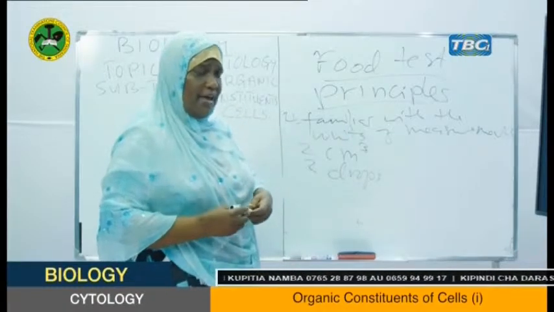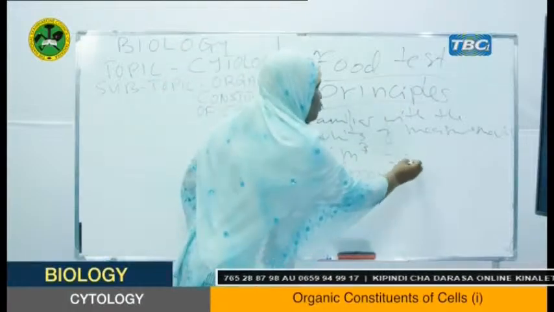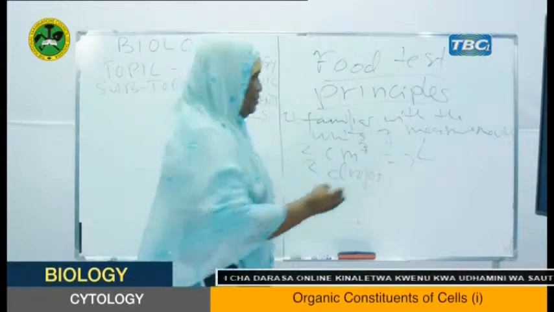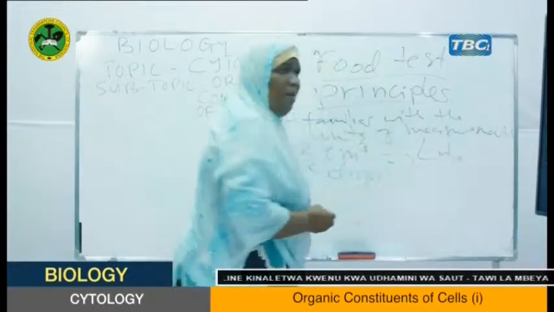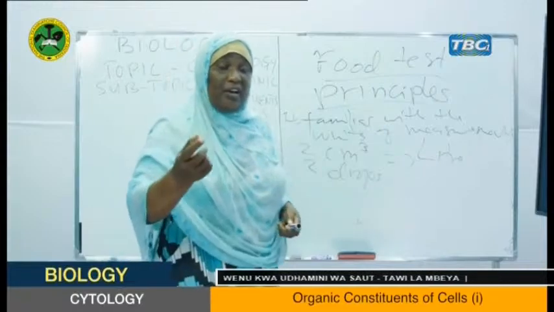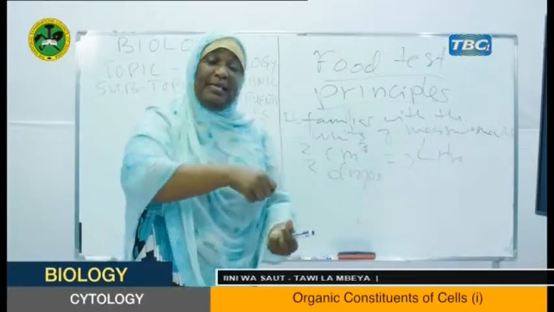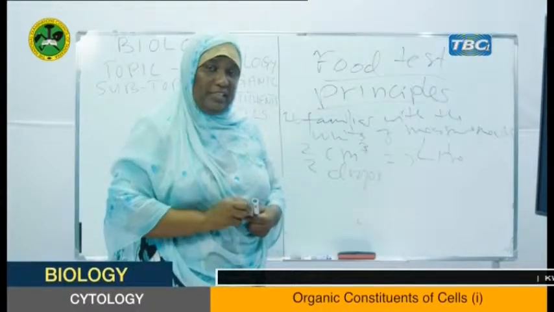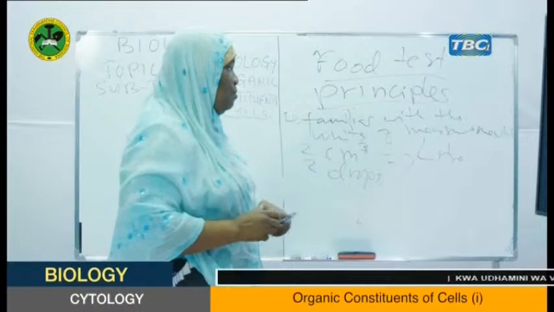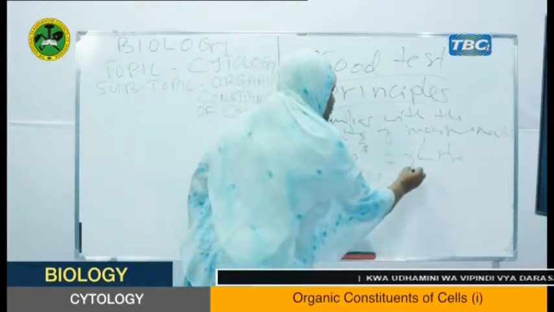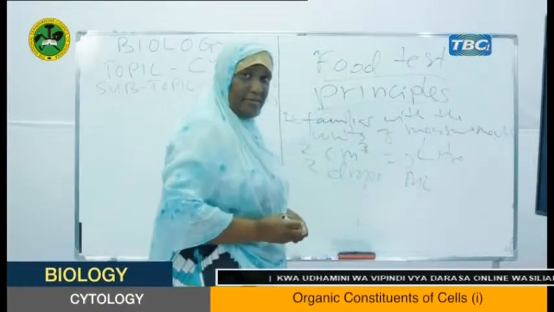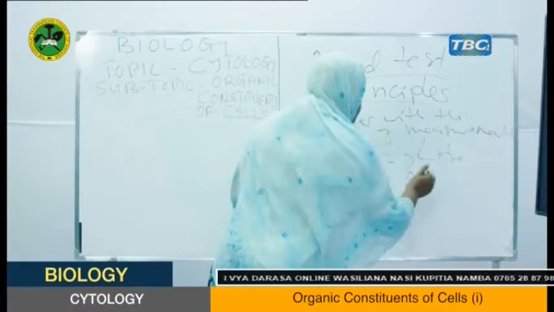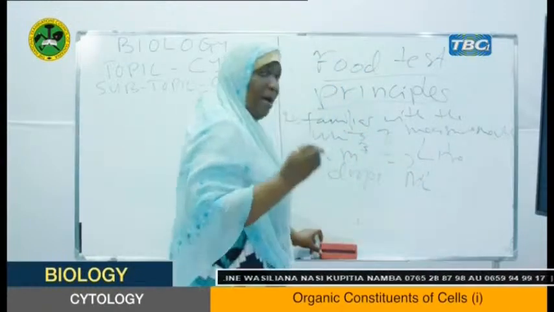We know the SI unit for volume, it is liter. But you cannot take a liter of sample solution and pour it in a test tube. You are required to use a little amount of it. The little amount of it should be milliliter.